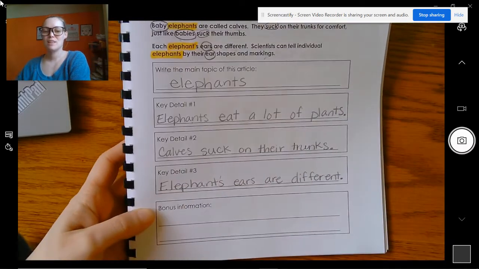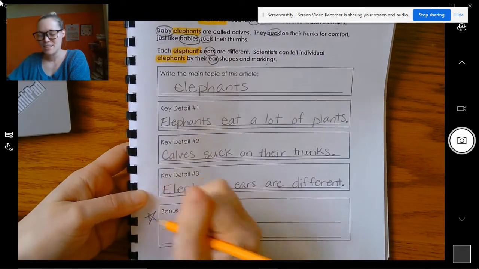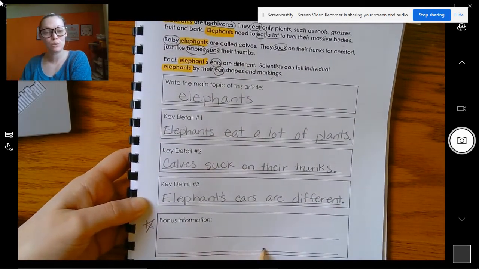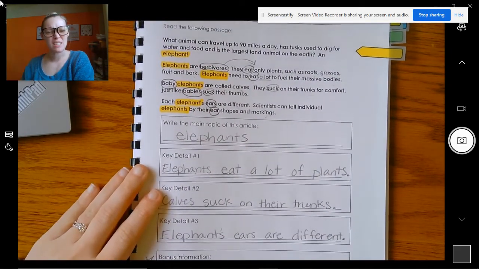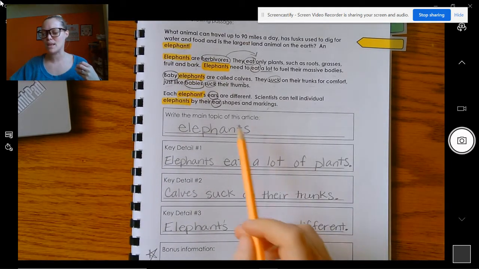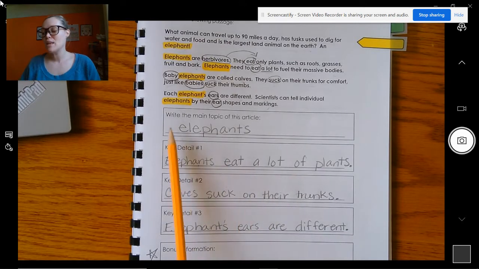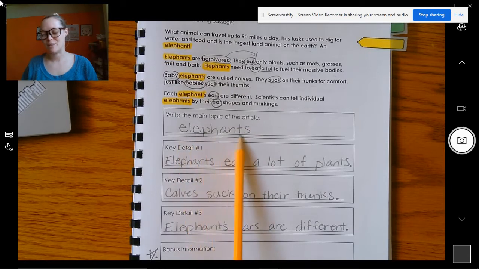All right, there is a spot for bonus information. If you would like to get some genius points, you could add another fact that you learned about elephants if you'd like. But we're going to stop there because this gives us a really good summary, a good idea of the main topic and key details we learned about. Let's review. The main topic of this article was elephants.